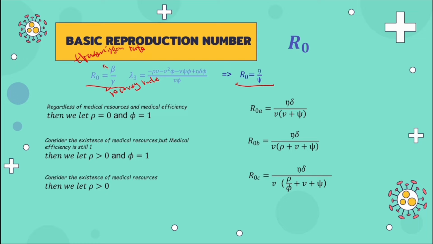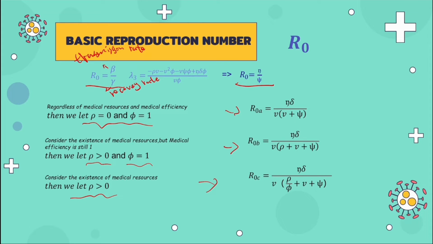Then we can get, when the parameter is equal to 0 and phi is equal to 1, R0A. And if the parameter is larger than 0 and phi is equal to 1, we get this one, R0B. And we just need to find the case where ZHOU is larger than 0.